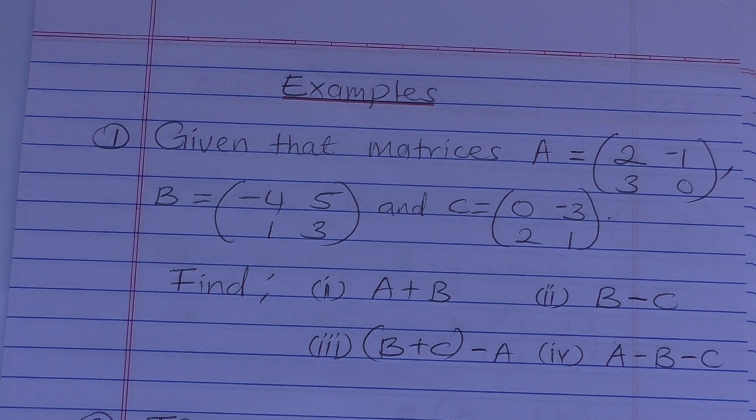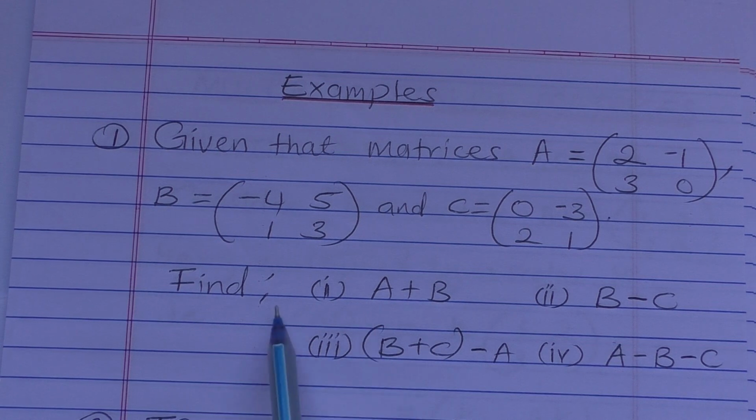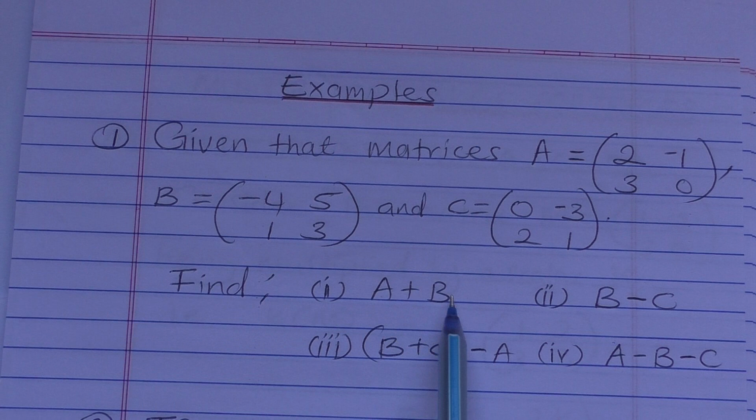So, meaning that we can do anything with these matrices concerning addition and subtraction, reason being they are of the same order. Our first question is asking for finding A plus B.